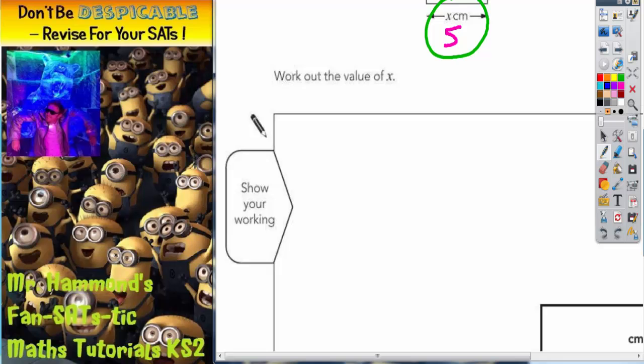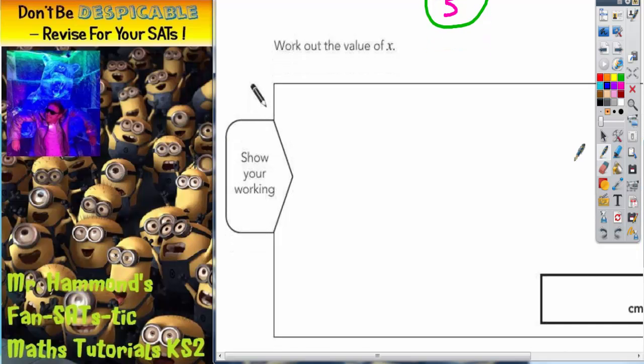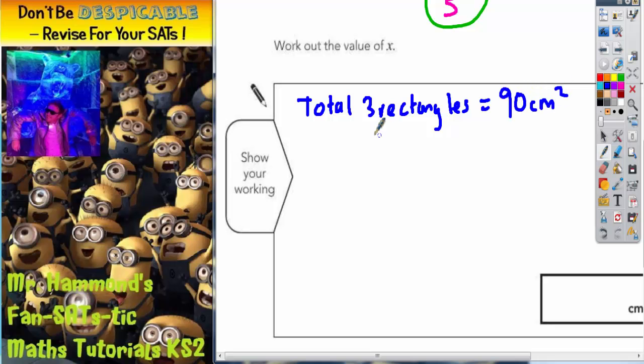Well, how did we work out the value of x? Well, we said that the total of the 3 rectangles was 90 centimetres squared. So one rectangle was 90 divided by 3, which was 30 centimetres squared.